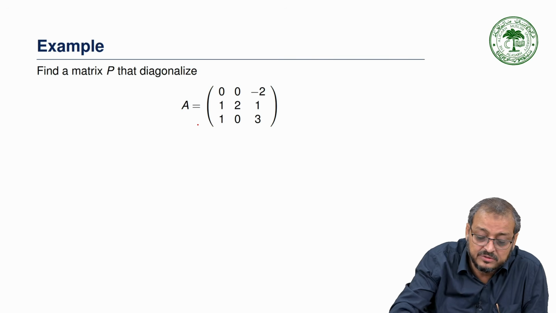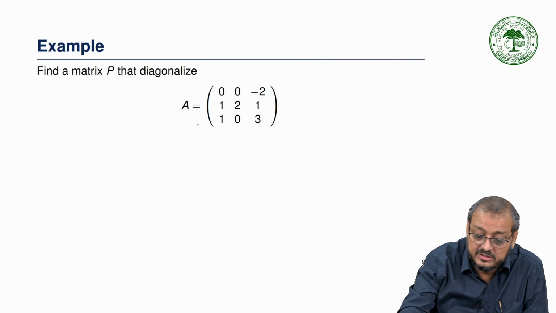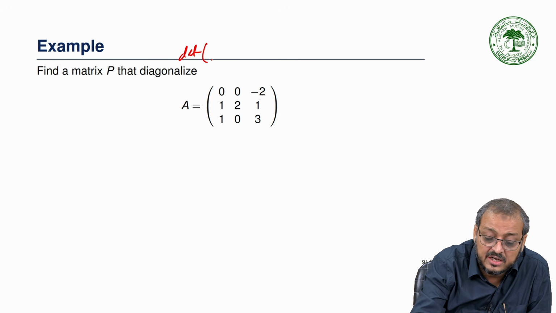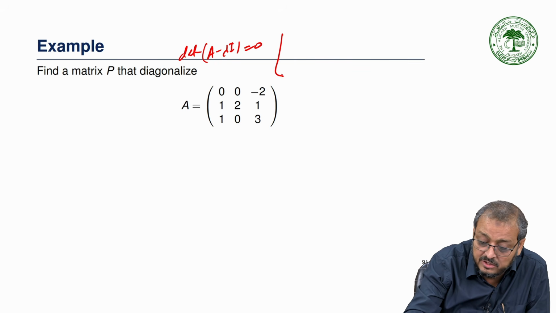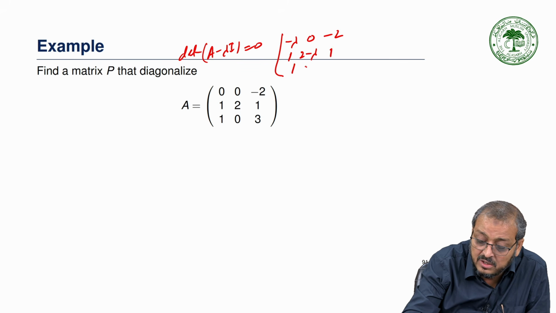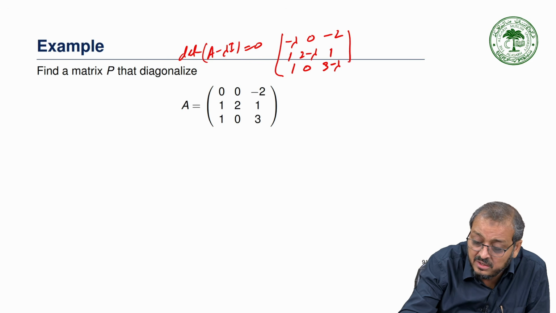Suppose we have A equal to this matrix. First we find the eigenvalues of this example. Starting with the characteristic equation, determinant of A minus lambda I equals 0. We can write the matrix with entries minus lambda, 0, minus 2; 1, 2 minus lambda, 1; and 1, 0, 3 minus lambda, equal to 0.